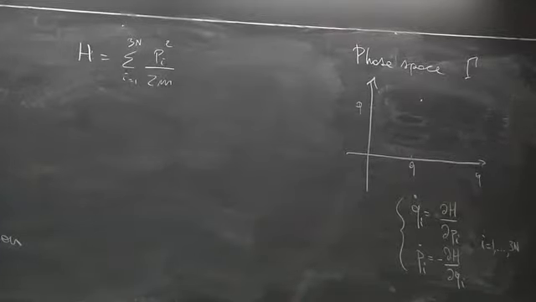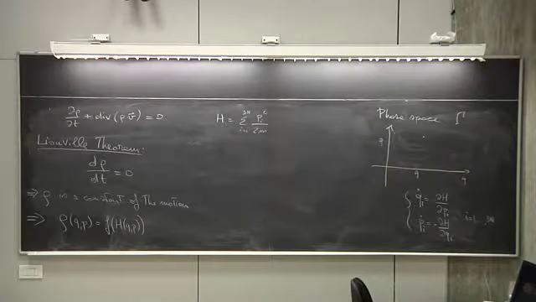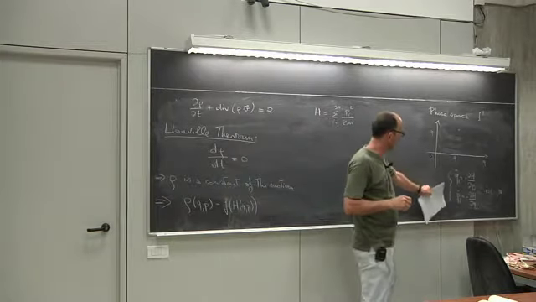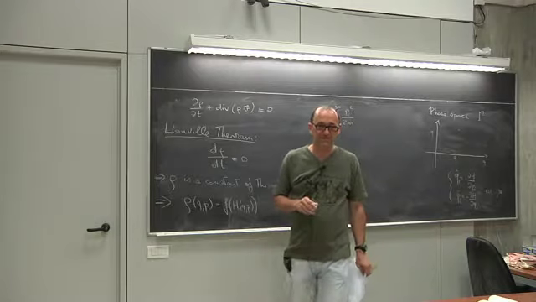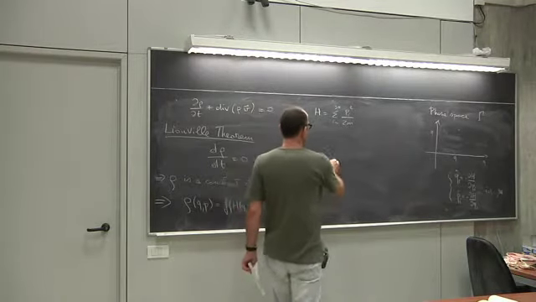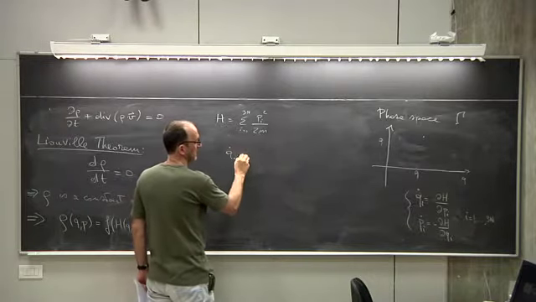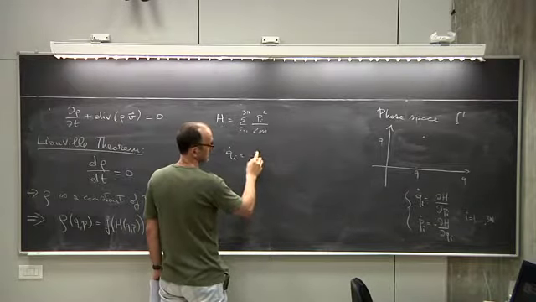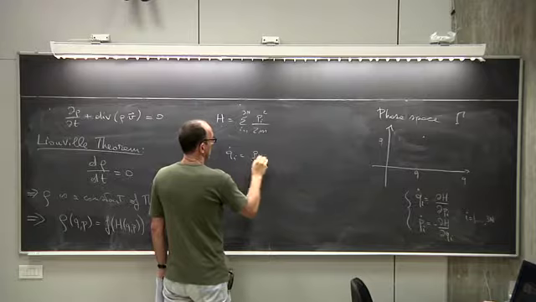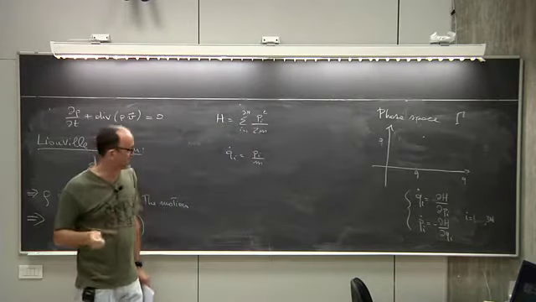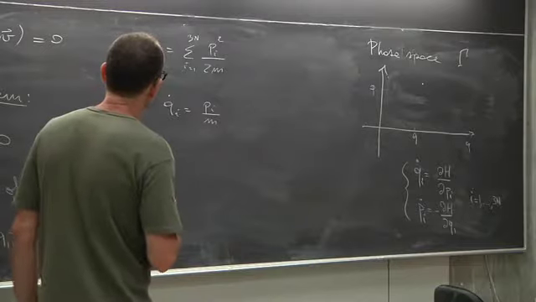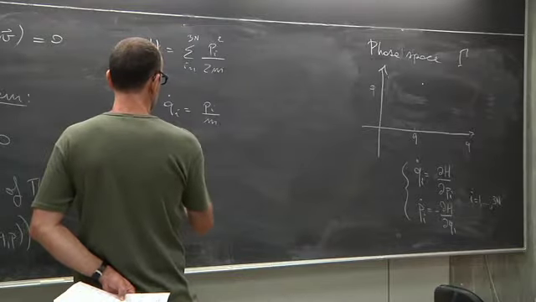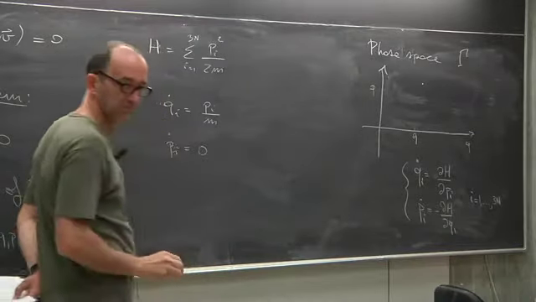Now we need the energy to be constant, right? Yes. Just take this equation here. The equations are that q_i dot is equal to p_i divided by m, the usual thing, and p_i dot is equal to 0.